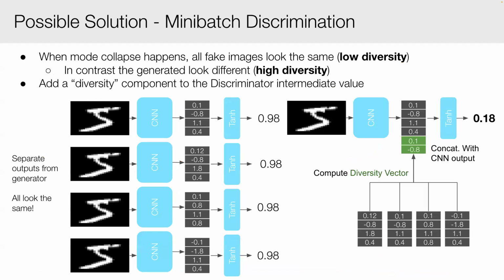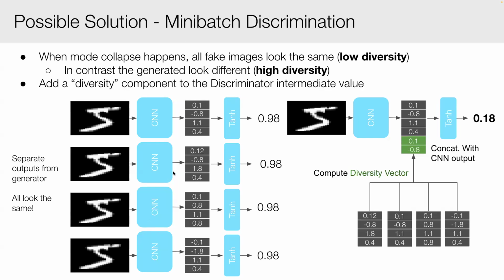Okay. So one fairly common solution is called mini batch discrimination. So again, all of these blue guys are the same discriminator, and we feed it 4 separate outputs from the generator. Again, because the generator has mode collapse, it just keeps outputting the exact same image, but the input to the generator was different each time. So we pass them to the CNN.